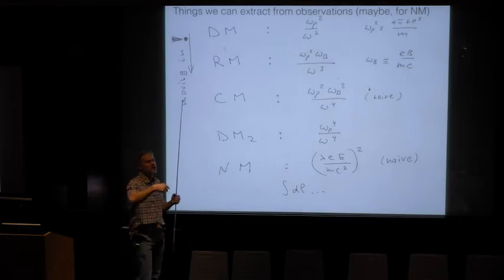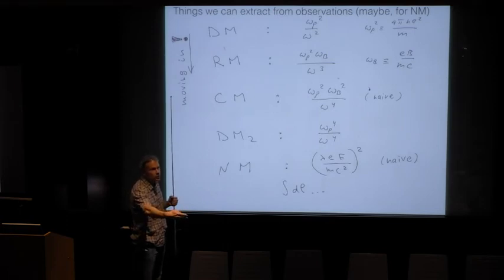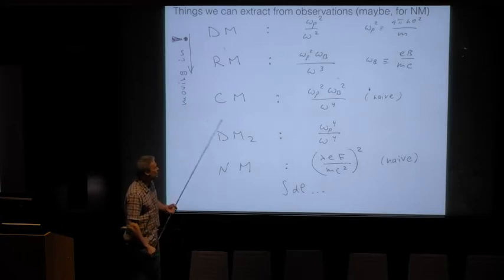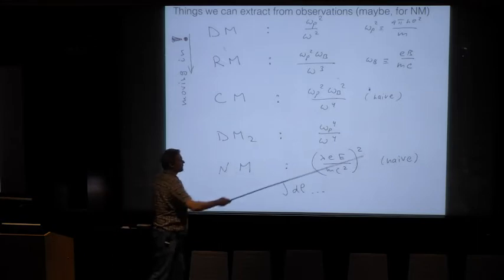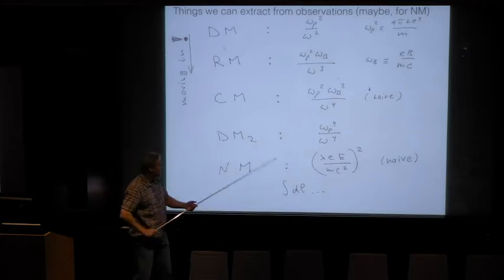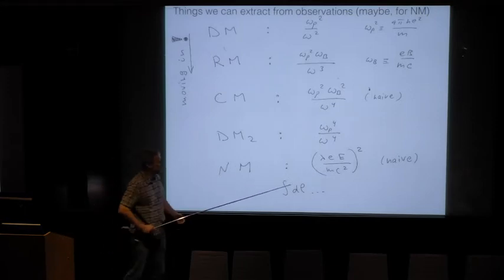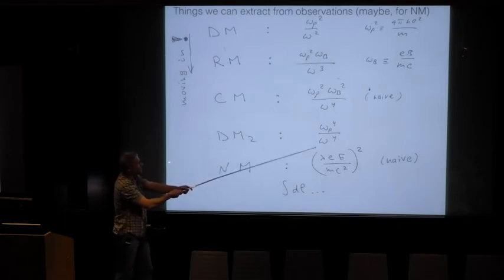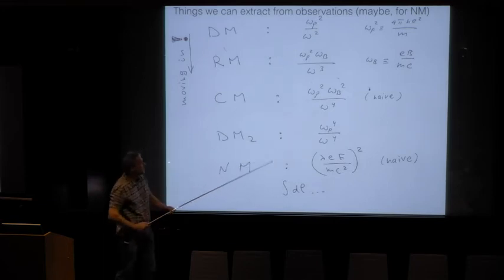Formally, yes, but what I'm interested in is the fact that lower frequencies are not as much delayed as predicted by the first dispersion measure. And naive, I will explain later why I call this thing naive. And then, of course, there is some kind of nonlinear measure which accounts for the fact that all these were for linear waves, and that's why we have, I would say, perfect understanding of those.